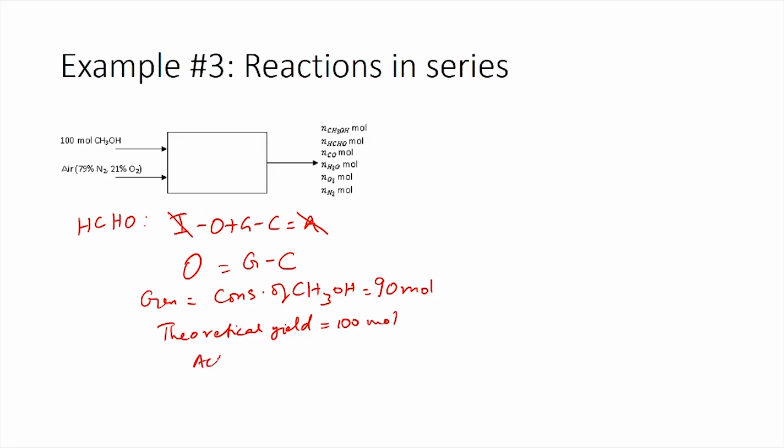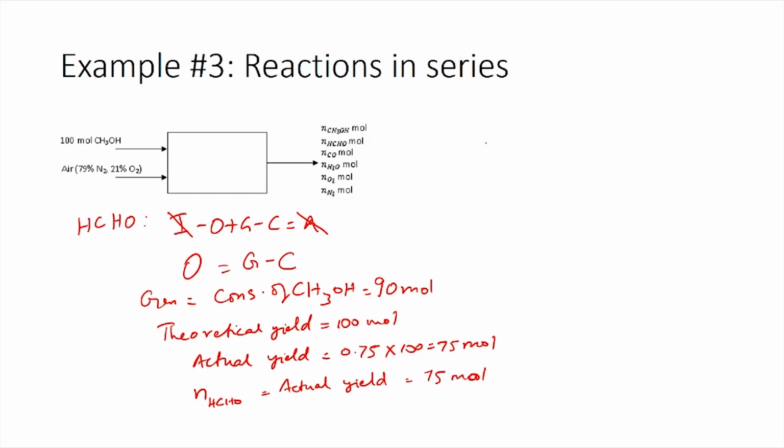So, actual yield was 75% of that, giving you only 75 moles. So, the output N_HCHO would be basically the actual yield, giving you 75 moles.